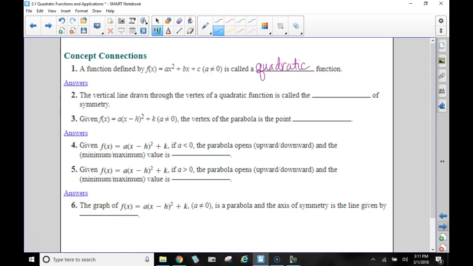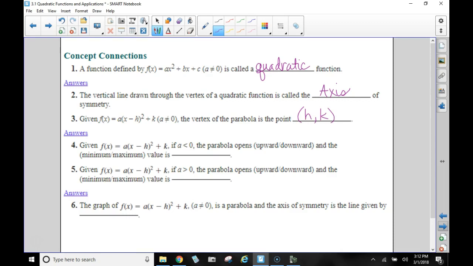The vertical line drawn through the vertex of a quadratic function is called the blank of symmetry. It's the axis of symmetry. Given our function f of x is equal to a times the quantity x minus h squared plus k, where a is not equal to 0, the vertex of the parabola is the point (h, k).